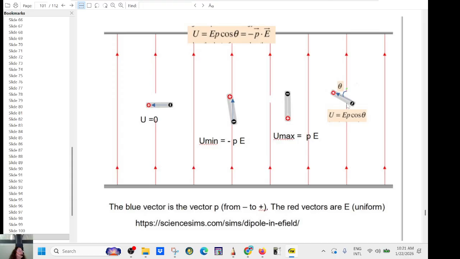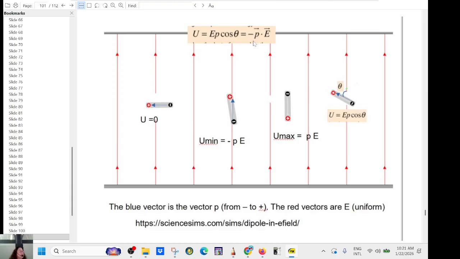Okay? Yes. Why is the blue vector thick? Because that's how we define the dipole moment. Dipole moment is a vector that goes from the minus to the plus, by definition.